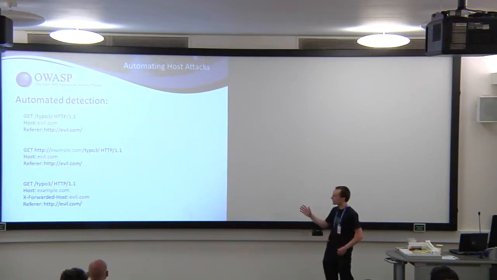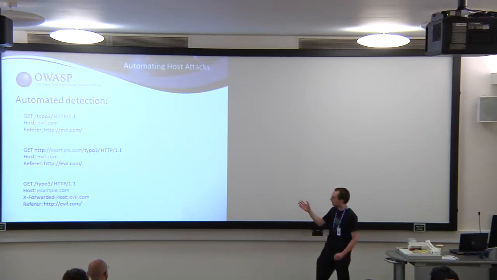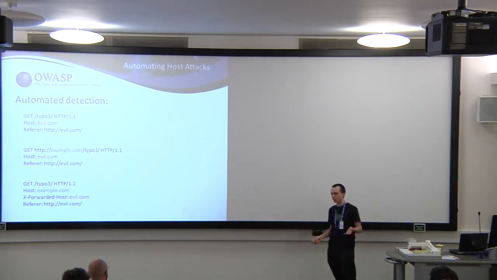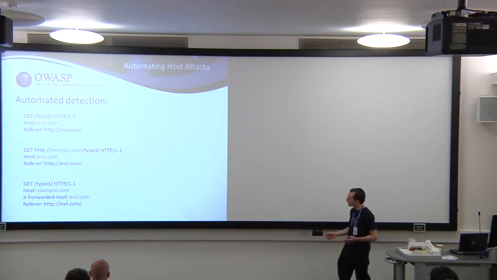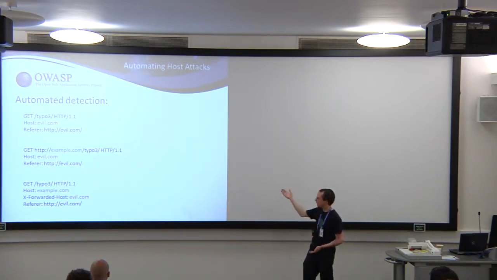However, simply by sending a few selected requests and seeing whether our malicious host header is reflected in the server response tells us whether that application is using the host header, which is a very good indicator of whether it's vulnerable to one of those techniques. So the first such request is perfectly simple. Just send a bad host header.